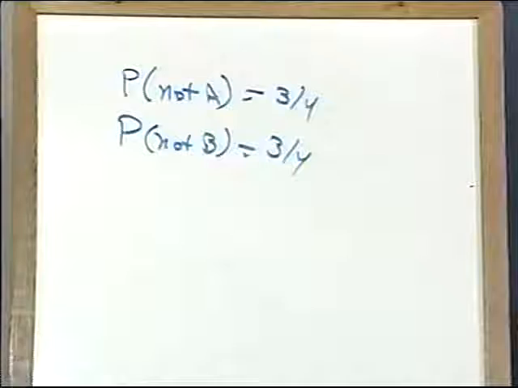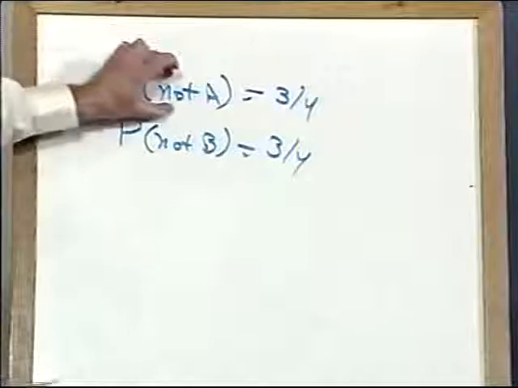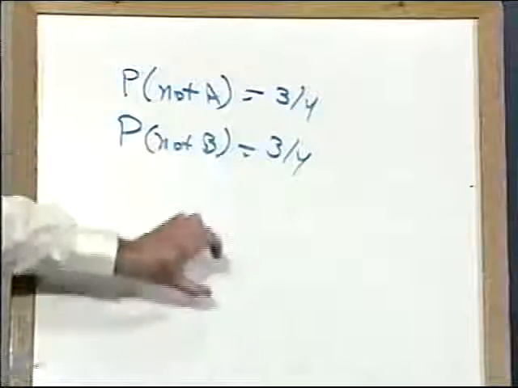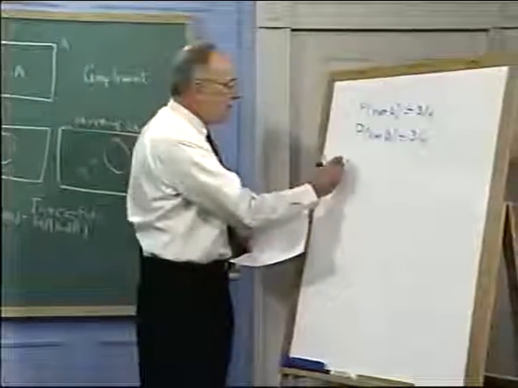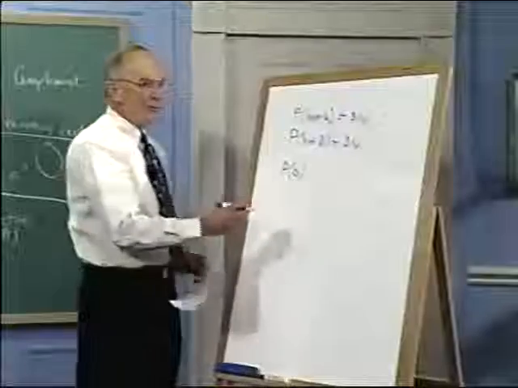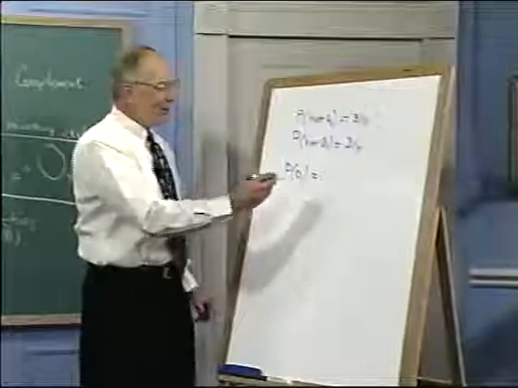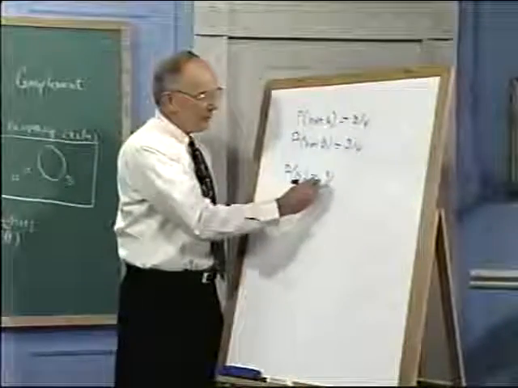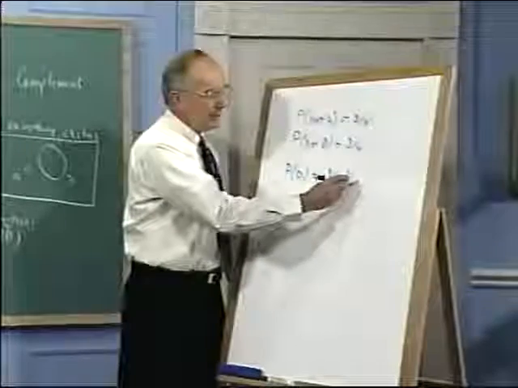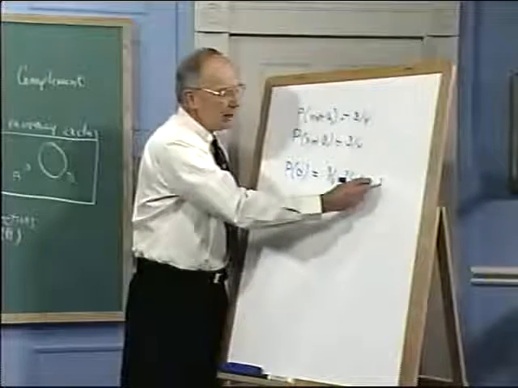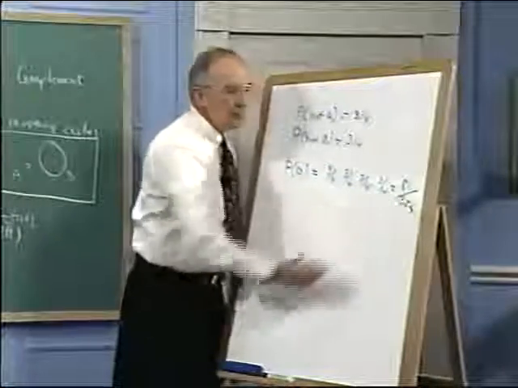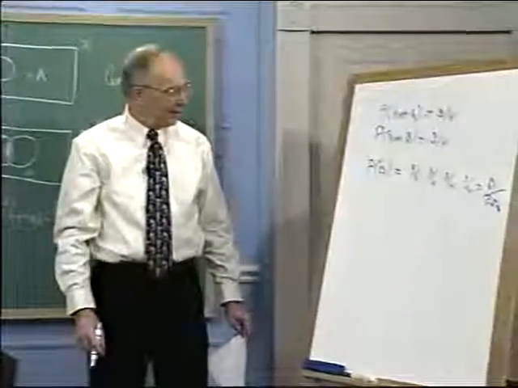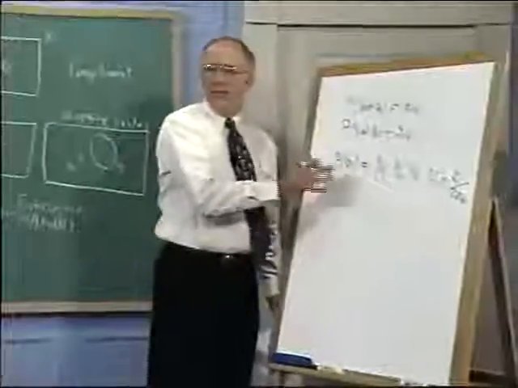Now, the events of not A, not B, not C, and not D are independent, and the probability of getting 0 job offers will be 3/4 times 3/4 times 3/4 times 3/4, or 81/256.